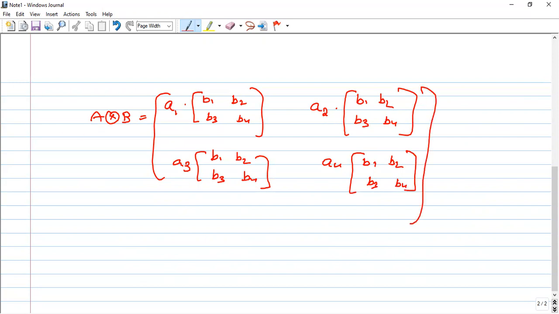See, that is A Kronecker product B. So each element of A is multiplied with B.